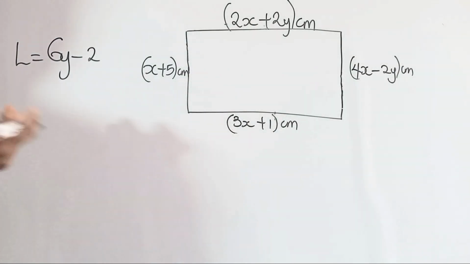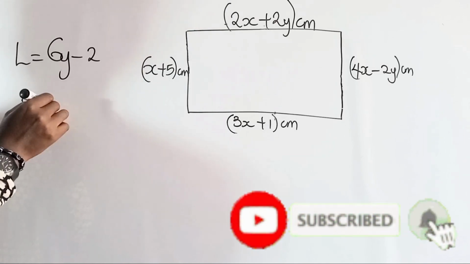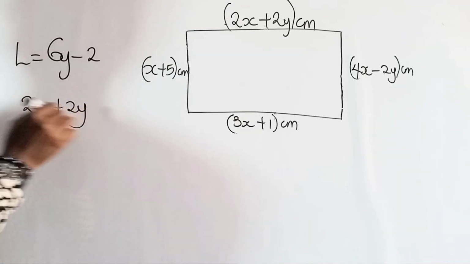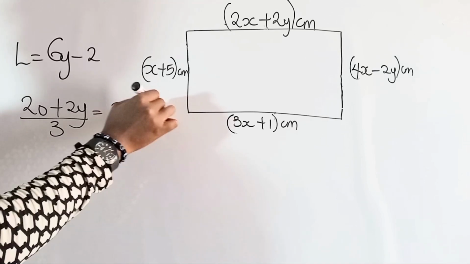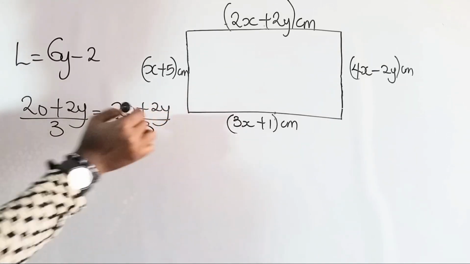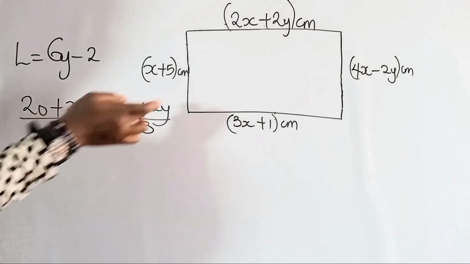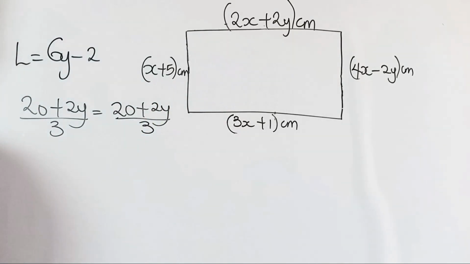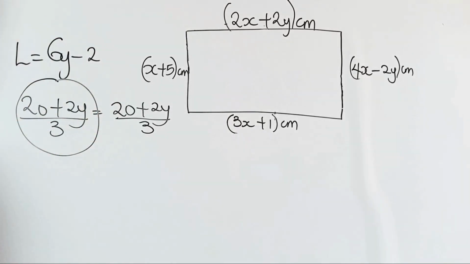And if we now group the like terms, we have on the left hand side 20 plus 2y all over 3 equals 20 plus 2y all over 3. Now you can see we have also established the actual breadth measurement for this rectangle. Take note of this value too. We'll be using it later.